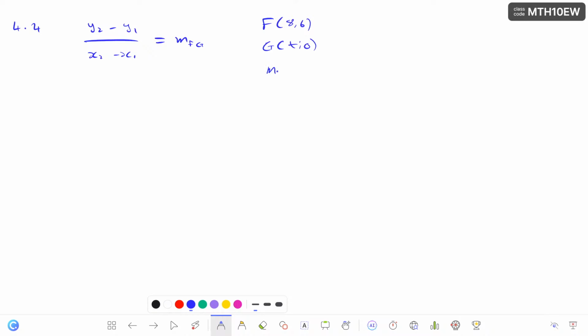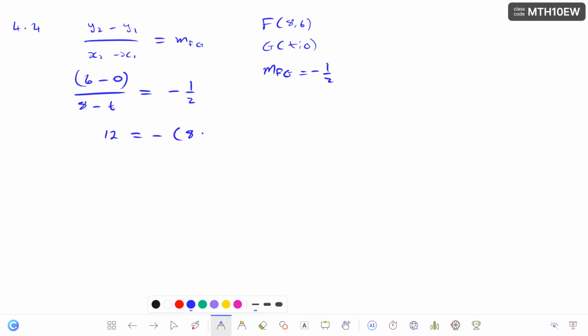We also have the gradient FG, which is negative 1 over 2. So here, let's take this one. 6 minus 0 divided by 8 minus t is equal to negative 1 over 2. So, okay, cross multiplication. This 2 is going to cross multiply with this one. So it's going to be 12 is equal to what?